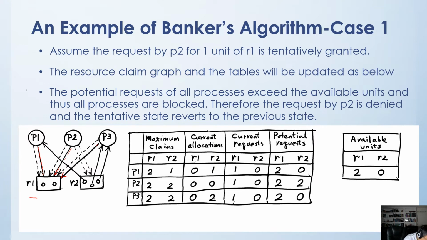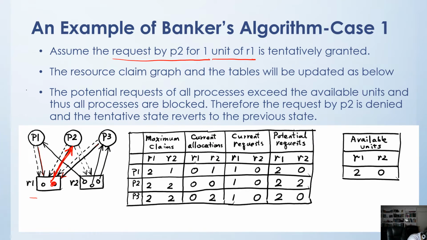So now first, we assume the request by P2 for 1 unit of R1. So the request of P2 for 1 unit of R1 is tentatively granted. Okay, so we're supposed to grant this request, so the request becomes an allocation.